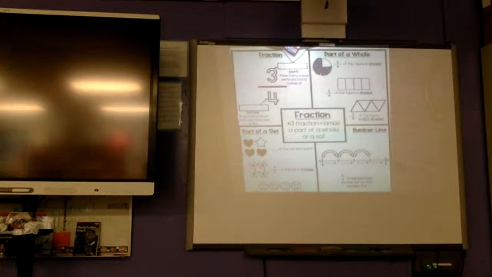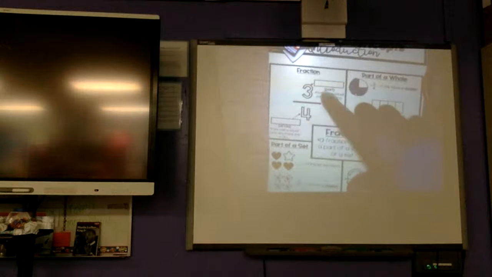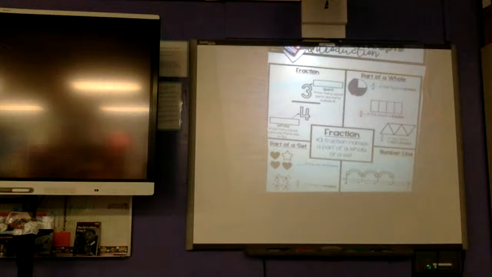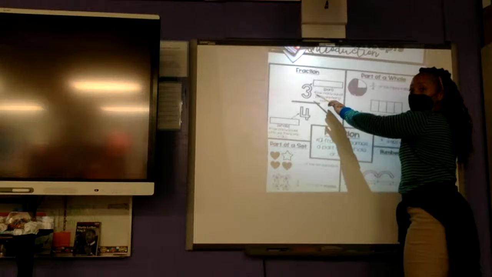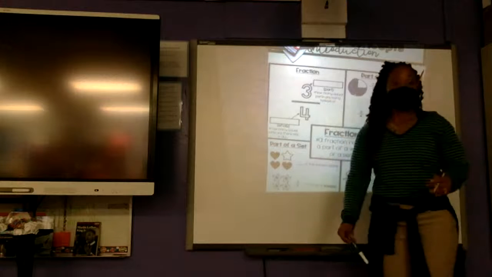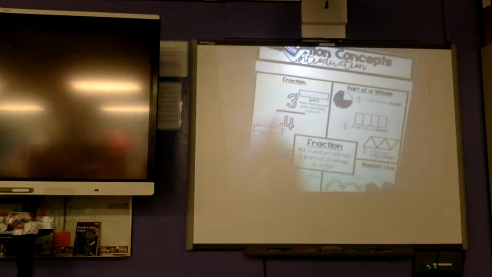All right. So we have talked about part of a whole. We've talked about what a fraction is and the parts of a fraction. What do we call the top number of the fraction? Charlie? Numerator. We call that the numerator. And what does the numerator actually tell us?